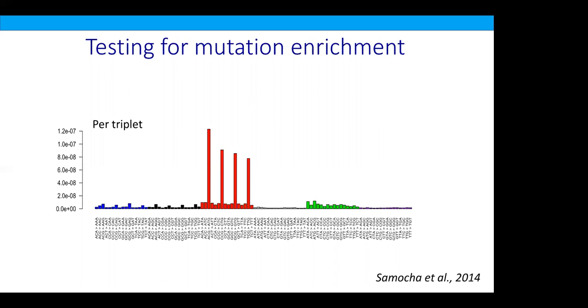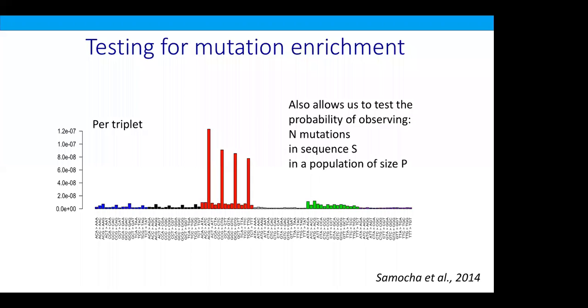In general, I'll be using this model because it's generative. It allows us to take a sequence and simulate a mutation process and say, given a population of a particular size and a sequence with a particular context, how many mutations do we expect to see? We can also just generate example mutations and see how they differ from the data that we observe in our patients.